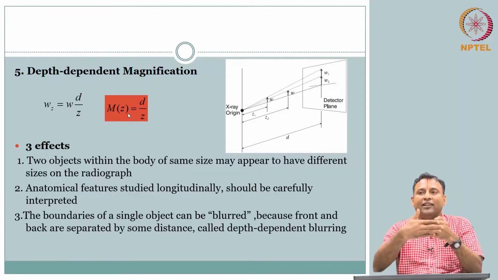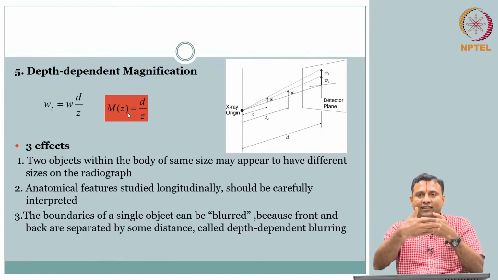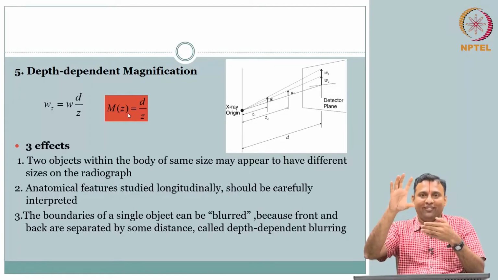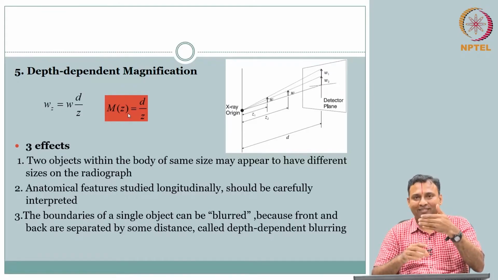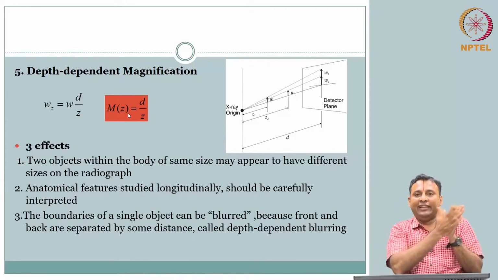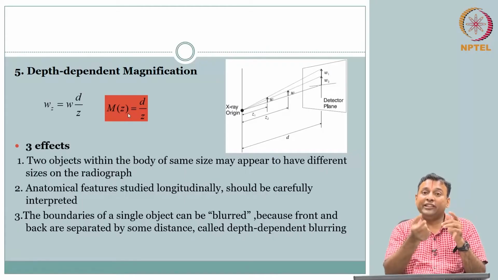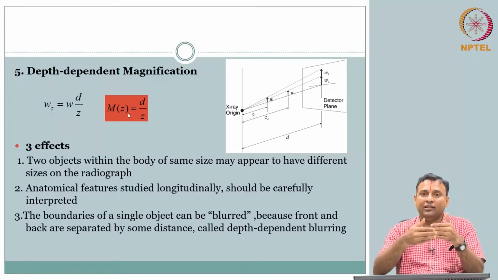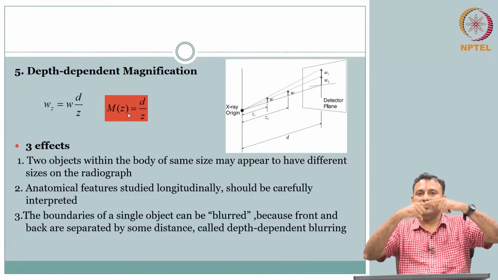So if I have an object which has a front end and a back end separated by a distance, the front edge is going to grow, and the back edge is going to grow less, right? There is going to be some magnification unless it is on the detector. There is this differential magnification, so the two edges can probably come close.